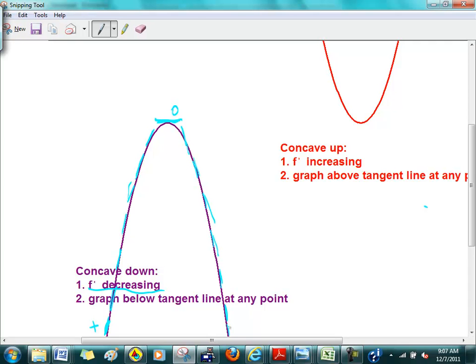So here the slope might be like, say, -6. Here it might be -2. Well, isn't this smaller than this? My bad. Isn't this smaller than this? Isn't the derivative decreasing then? Because -6 is smaller than -2. Therefore, it's decreasing.